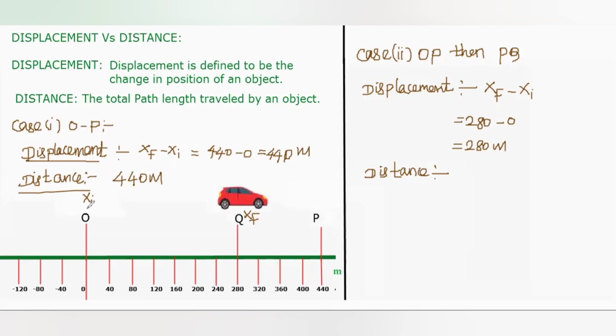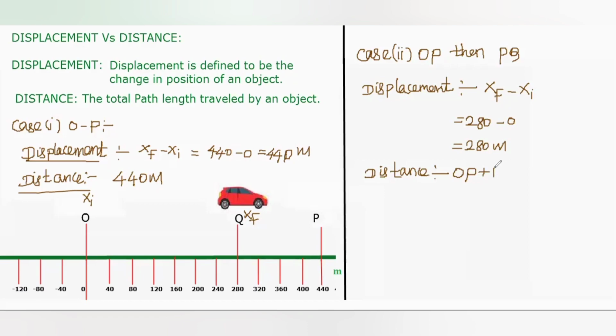Initially, it is at the origin O. From O to P, the distance in O to P. Then it is going to move from P to Q. That means 440 to 280. So the distance will be 160 meters. That means 280 to 440 or 440 to 280, that distance is 160 meters.